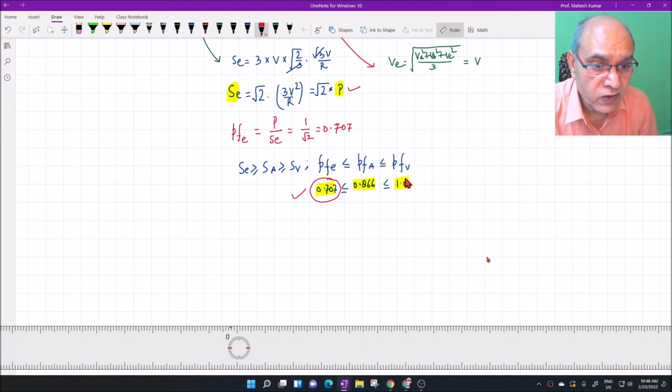Because if we design for 1.0, the current rating will be less. If we design for 0.707, the current rating will be more, that can handle situations in case of unbalanced or fault conditions. So we will choose the least value of power factor, that is the effective power factor, this power factor, not this power factor or not even this power factor.